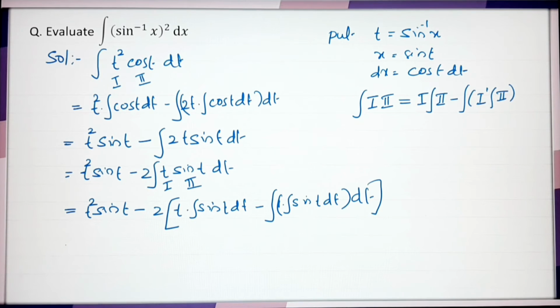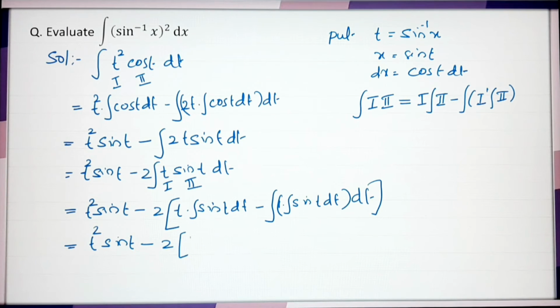That is equal to t square sin t minus 2 into t, integral of sin t is minus cos t, minus integral of sin t, which is minus cos t, dt.